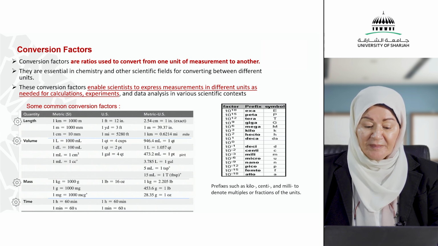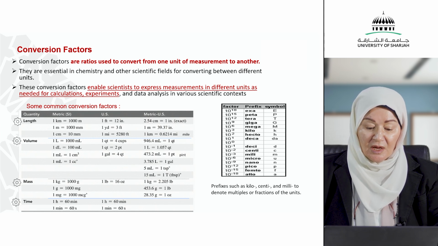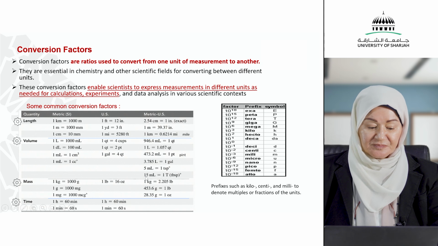You want to convert from metric to US: milliliter to quart, liter to quart, milliliter to pint. By the way, they also use the teaspoon in the US system. 1 teaspoon is equal to 5 milliliters. 1 tablespoon is equal to 15 milliliters.